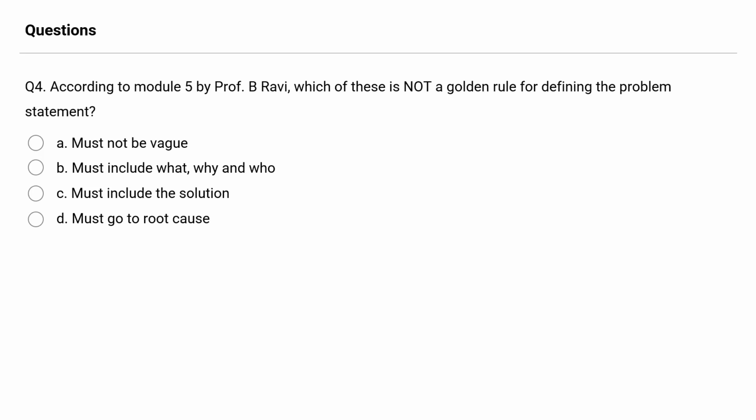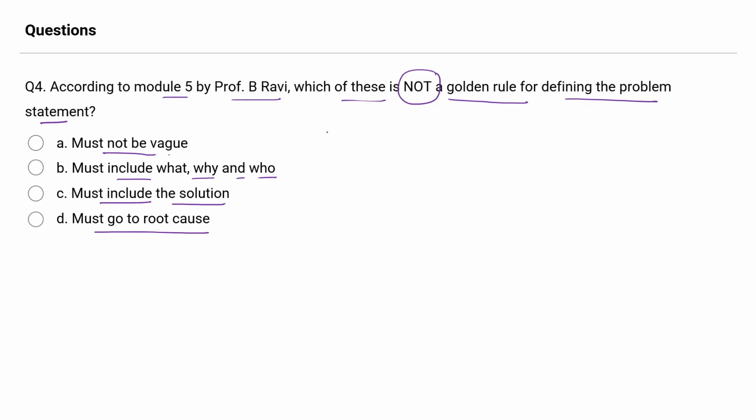Let's come to our fourth question. According to the module 5 by Professor P. Ravi, which of these is not a golden rule for defining the problem statement? So when you are defining a problem statement, what is it that is not a golden rule, which means which should not be followed, right? The options are: must not be vague, must include what, why, and who, must include the solution, and must go to the root cause.